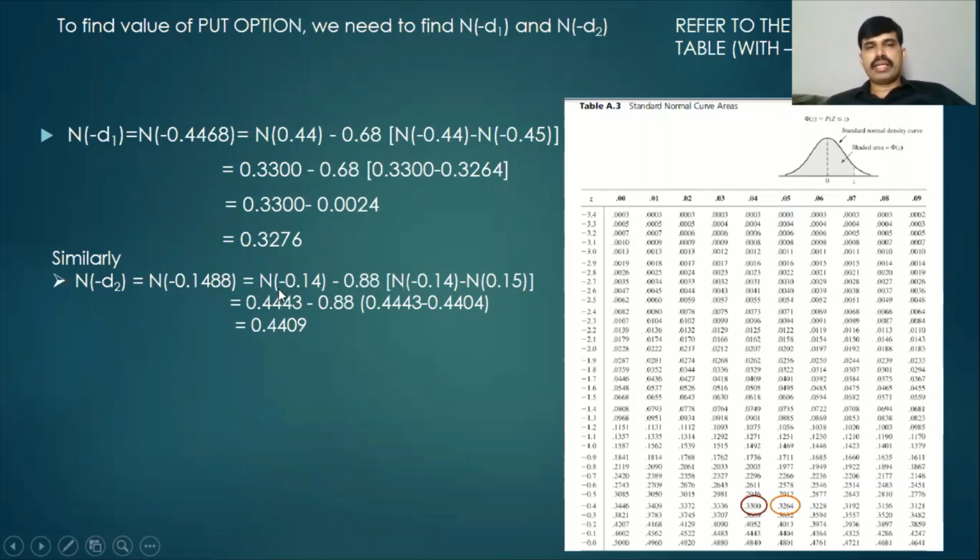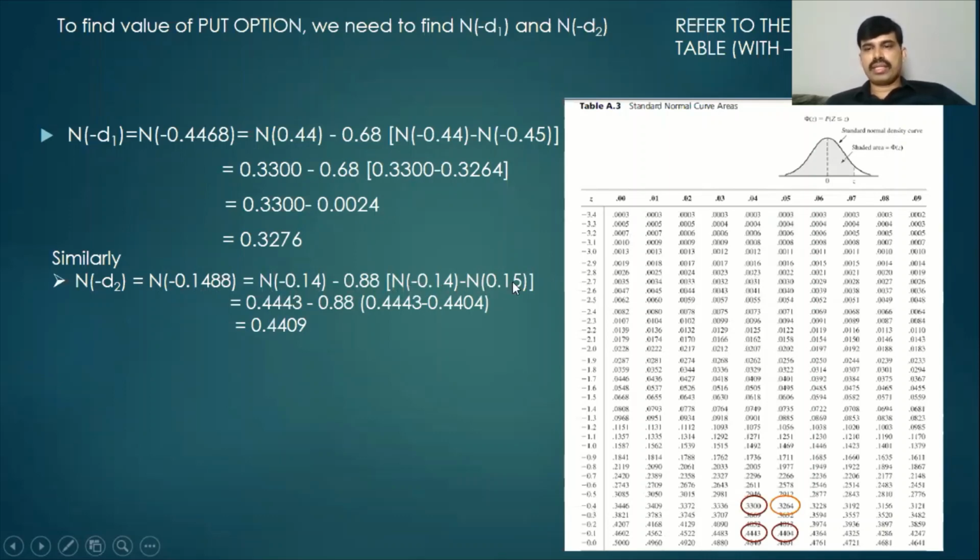So N of negative 0.14 is nothing but the intersection of negative 0.14, with the value coming to 0.4443, and for the third and the fourth decimal, we will be considering the values in between negative 0.14 and negative 0.15.